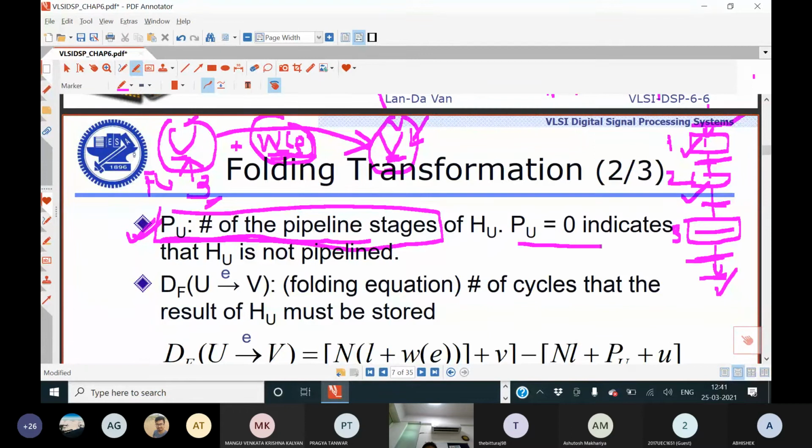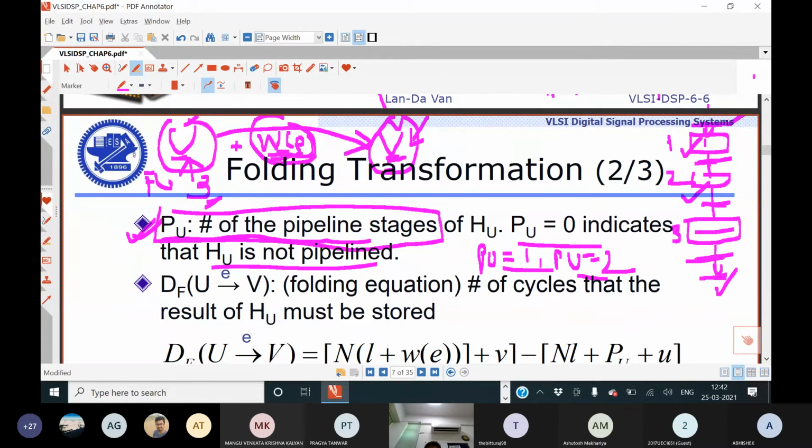If P U is 0, then H U is not pipelined, so there is no pipeline inside U. But if P U is equal to 1 or 2, then this is a 1-stage pipeline, this is a 2-stage pipeline, this is a 3-stage pipeline.